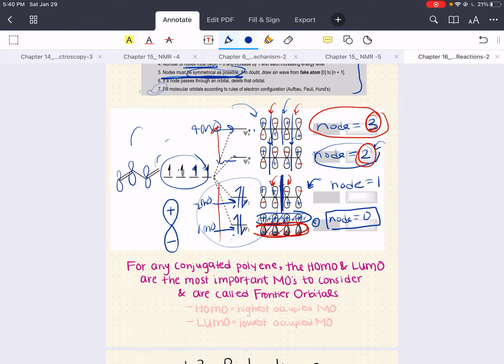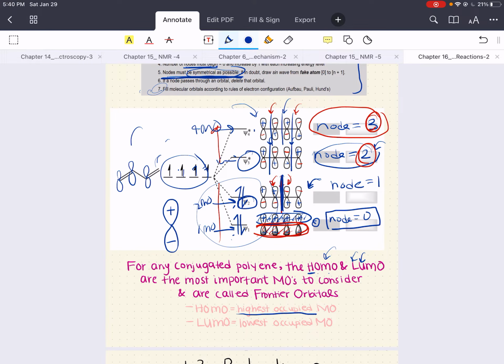For any conjugated polyene, the HOMO, the highest occupied molecular orbital, which is, by the way, molecular orbital 2, and the LUMO, the lowest unoccupied molecular orbital, which is MO3, are important MOs to consider and are called frontier orbitals. So your HOMO is your highest occupied molecular orbital.